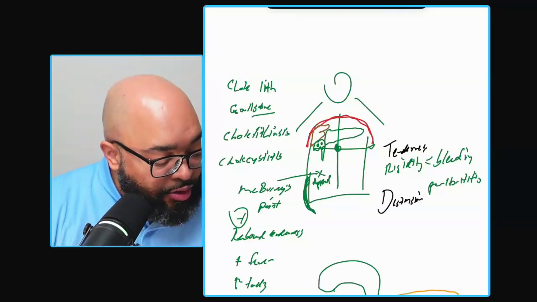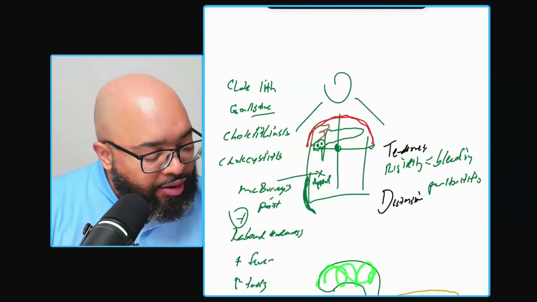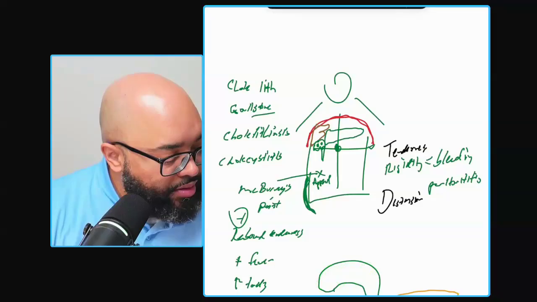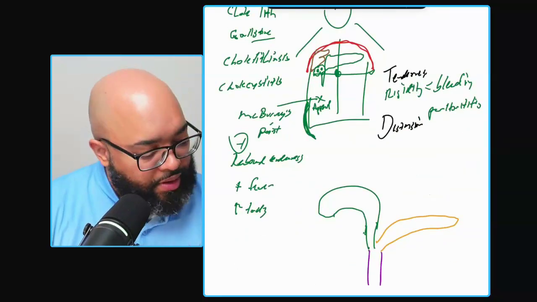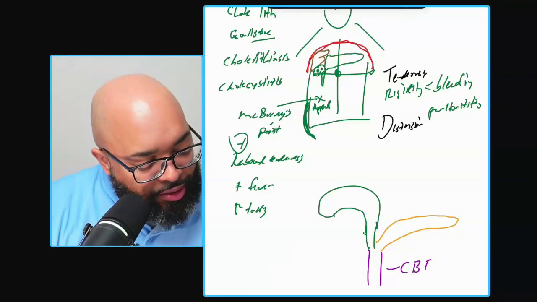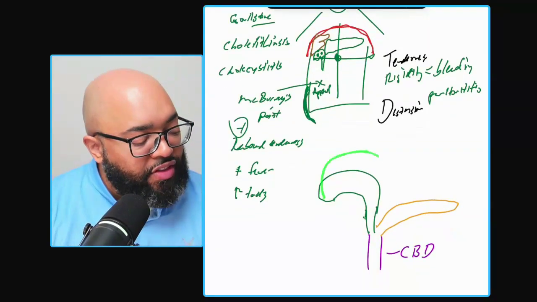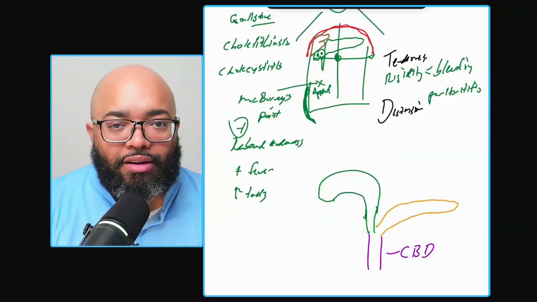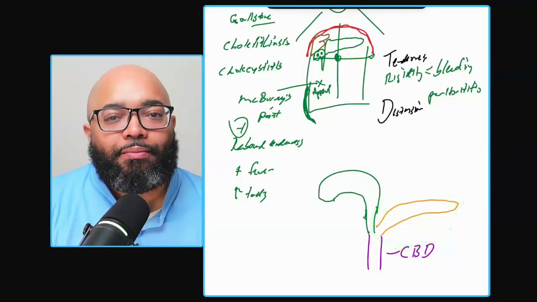The pancreas, this is your pancreas, and then your gallbladder, they come together in what's called the common bile duct. So if I have inflammation of the gallbladder, what's that called again? Cholecystitis.